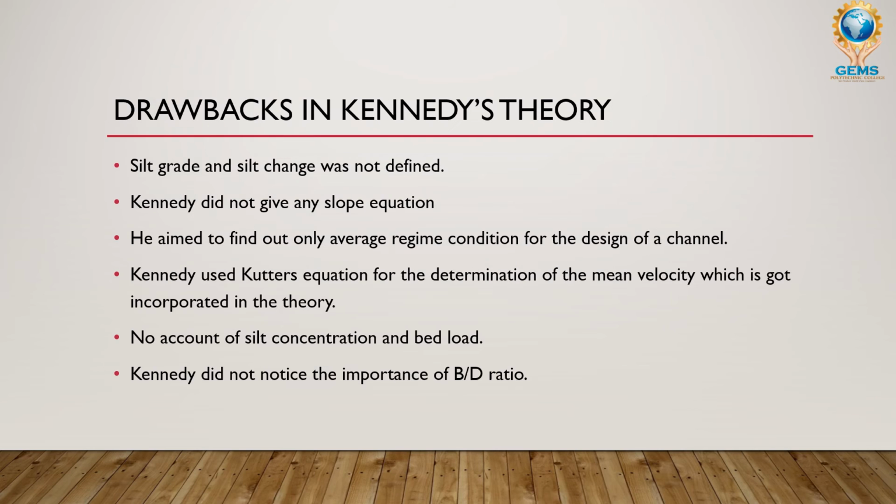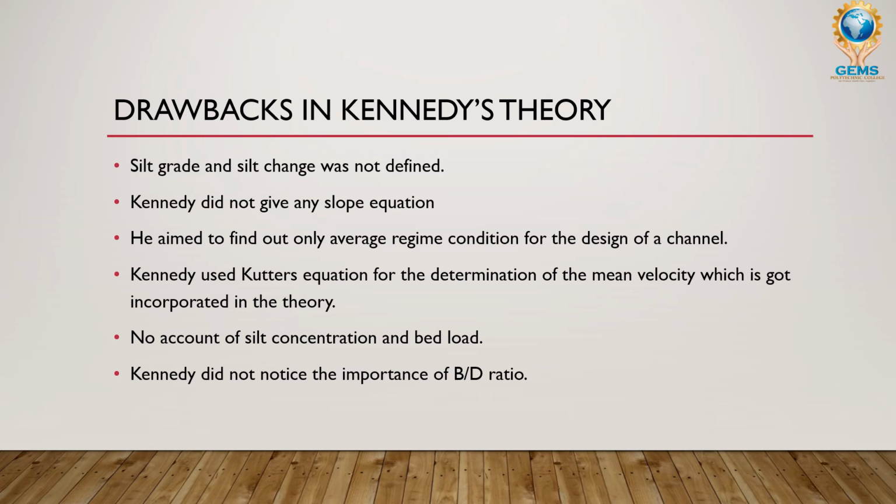Now we are going to talk about the drawbacks of Kennedy's theory. The first one is that silt grade and silt charge were not defined. You have to consider silt grade and silt charge for a particular period of time, but that assumption was not made in Kennedy's theory. Kennedy's theory did not give any slope equation. You can clearly see that it doesn't mention any slope equation at all.